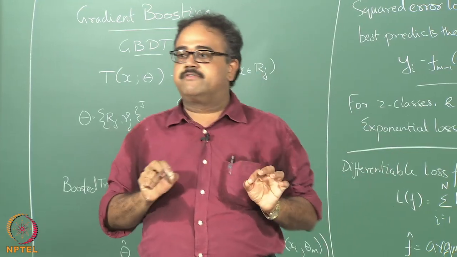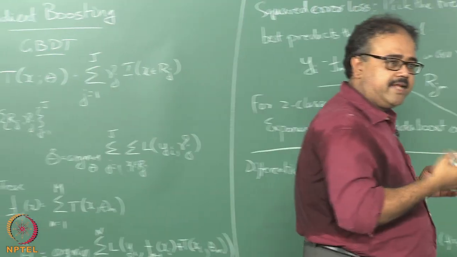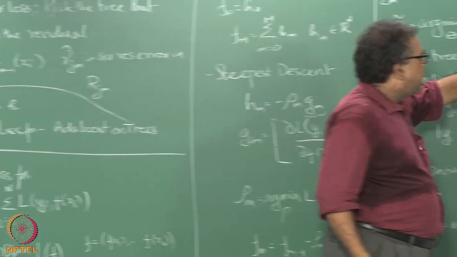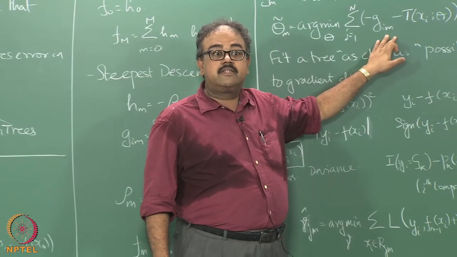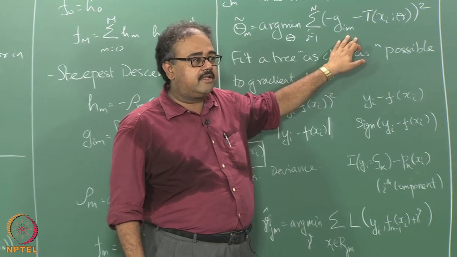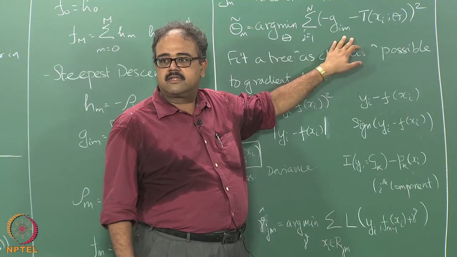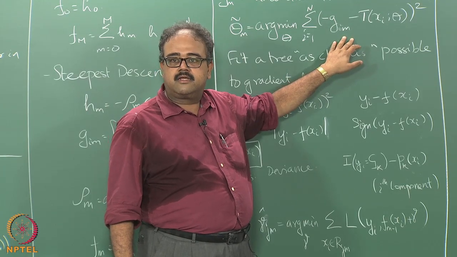So here we are doing something different. When we are picking the split point, we are going to pick the split point such that the residual error in predicting the gradient is minimized, right.